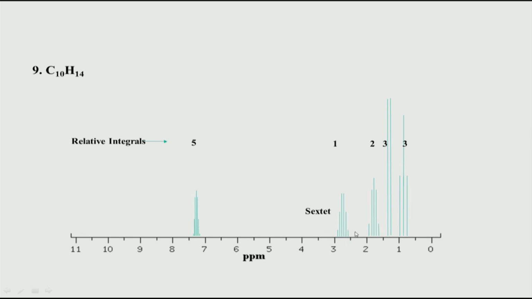Remember, a sextet can possibly come if you have a CH which is sandwiched between a CH2 and a CH3, because only then is this hydrogen coupled to these 5. So, 5 plus 1, 6 peaks. That is what you would expect for a sextet.